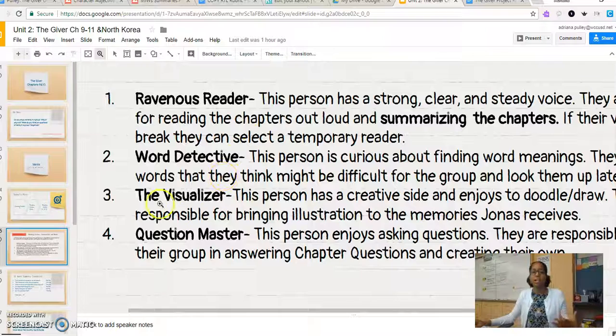People who don't like that so much, maybe a drawer, can be the visualizer. Question master, someone who maybe doesn't feel comfortable saying that they don't understand all the time, but they do have a lot of questions, they just don't want to say them. You can make that their job. They can be the question master, and then they won't feel uncomfortable about asking those questions because that's their job.